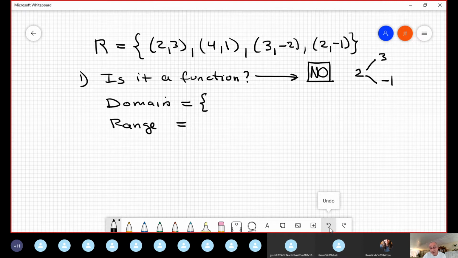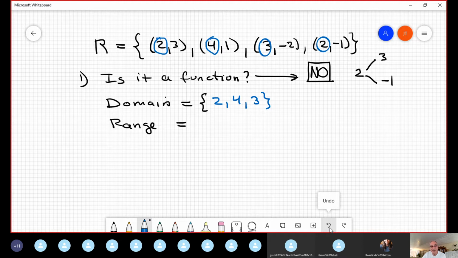The domain is the set of the elements in the first component. But remember, when you write the set, no repetition is allowed: 2, 4, 3. Actually we have 4 elements, but one is repeated. If it's repeated, you don't consider it.